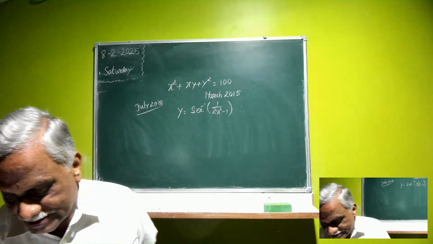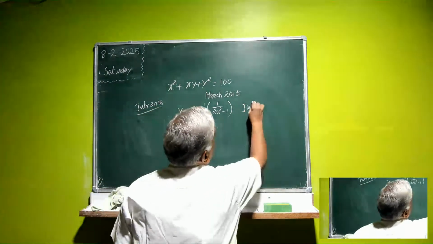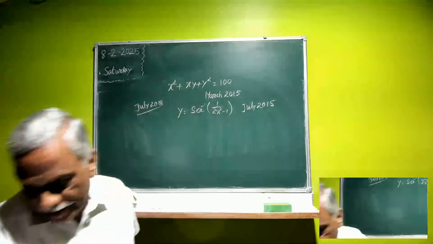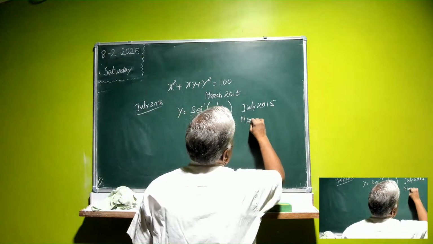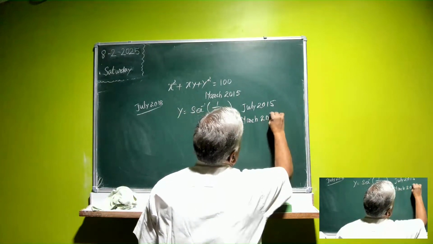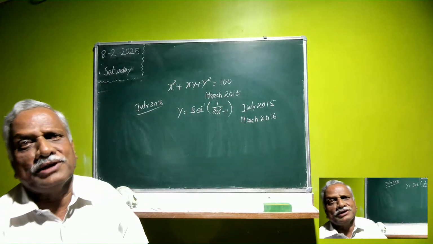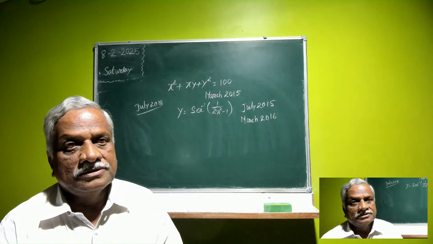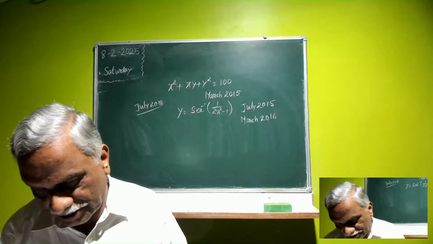This question was in July 2015. There was the same question. And again in March 2016. So there is no need of working this problem. So we are saving a lot of time here. If I can save some time, it will be waste otherwise. I can use the time for doing something extra.